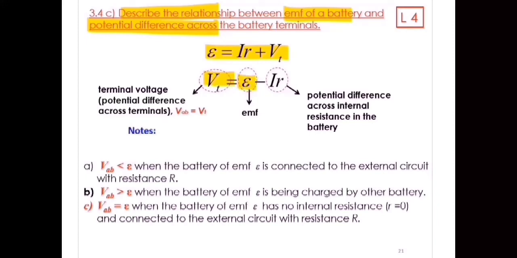When a battery of an EMF is connected to an external circuit with a resistance, the EMF will always be bigger than the terminal voltage. The terminal voltage could be bigger than the EMF only when the battery is being charged.